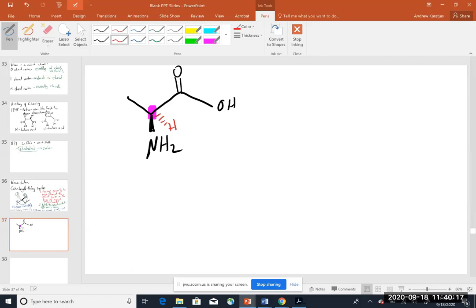So again, we can assign priority. Nitrogen is higher priority than carbon because we're attached to a nitrogen here, carbon, carbon, and hydrogen. Hydrogen being the lowest atomic number is always going to be our lowest priority. When it comes to the carbons, though, this carbon here on the left is attached to 3 hydrogens.